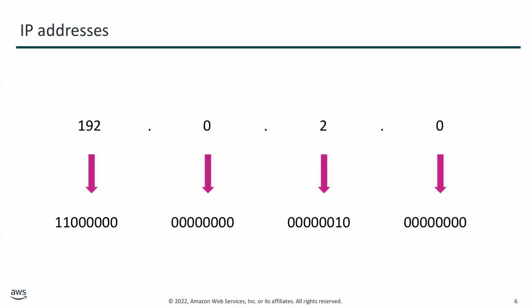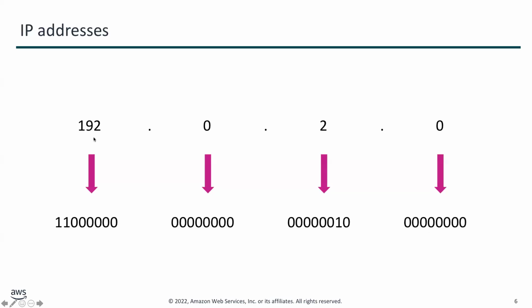So 2 to the power 7 is 128, and 2 to the power 6 should be 64, right? Anyways, that's how you represent 192.